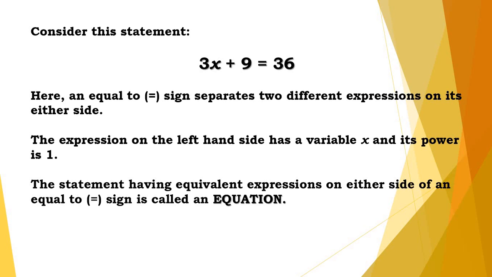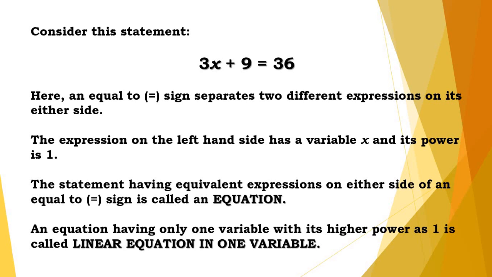So when two expressions are separated by an equal to sign, those two are equivalent, and this statement becomes an equation. An equation having only one variable with its highest power as 1 is called a linear equation in one variable.